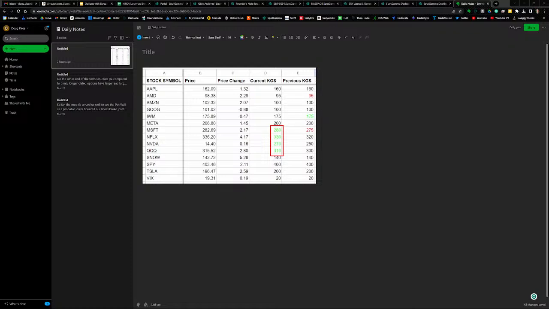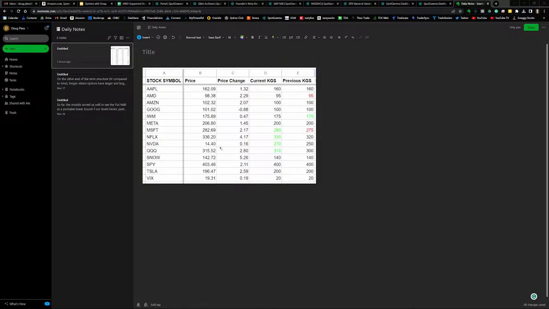And we'll see today, it really only worked out for Nvidia. So again, remember what I said at the beginning. I always use order flow and hedging flow to confirm my thesis.